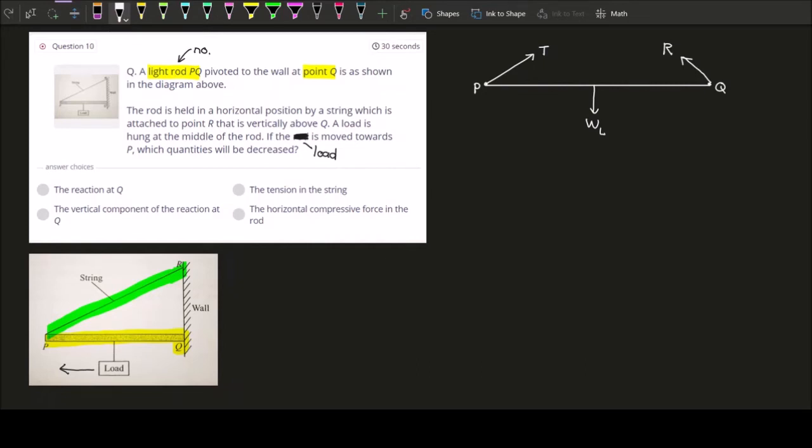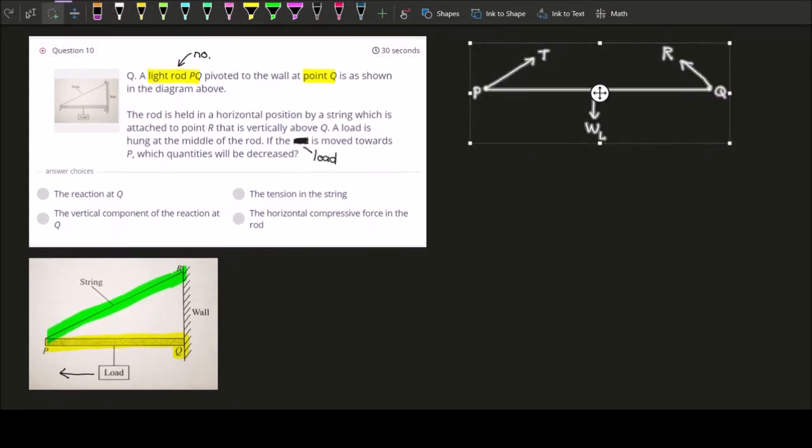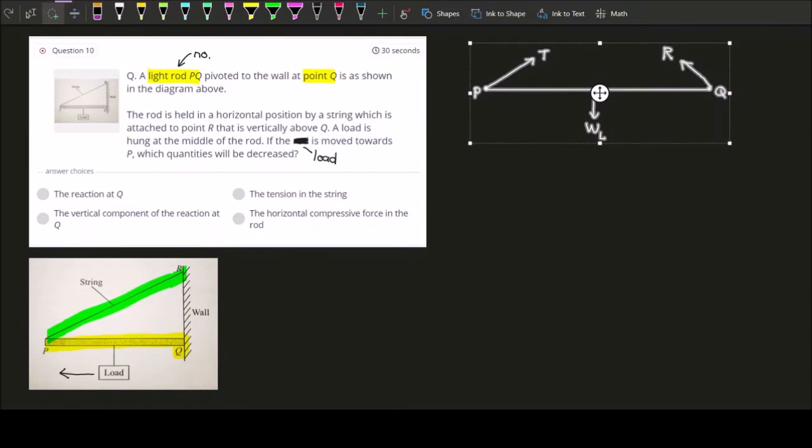So now what they are asking is, if I shift the load towards P, if I change the position of this weight of the load to here, if I move it towards P, which quantity will be decreased?